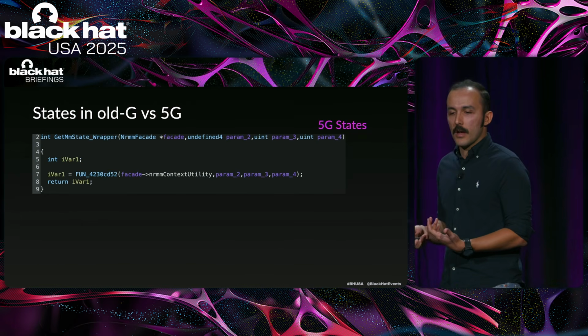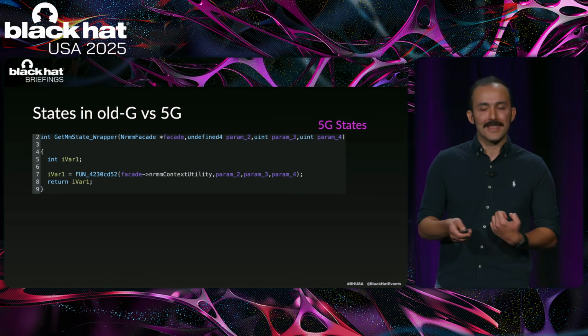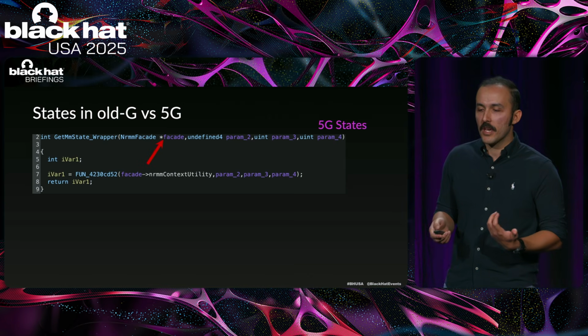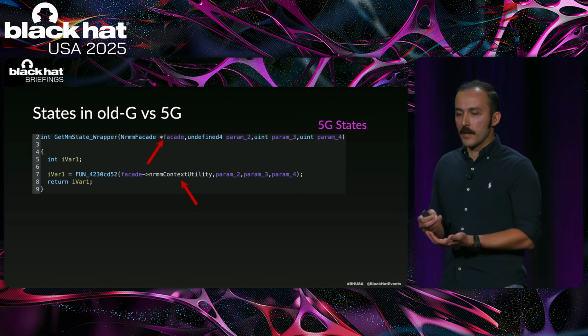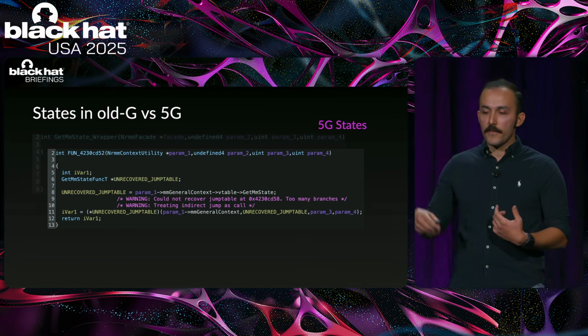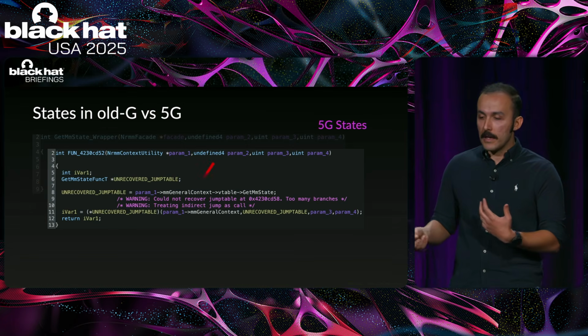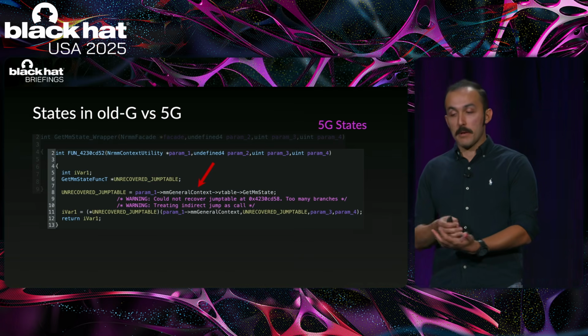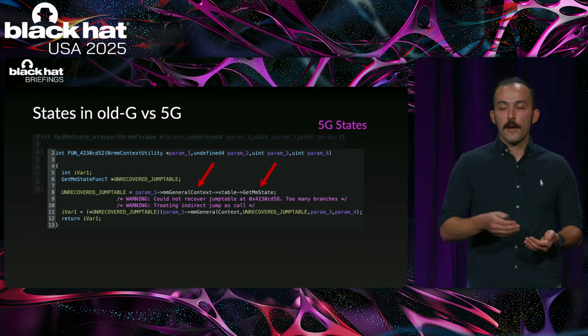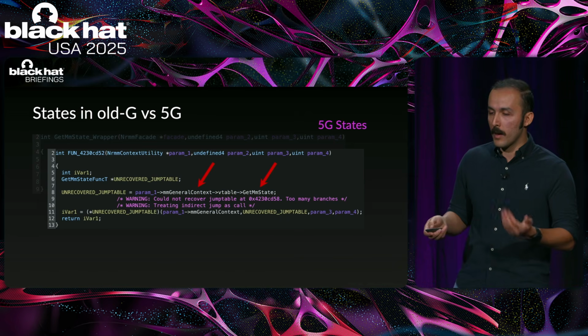In this screenshot from the getMMState function, this function receives a pointer to a facade object. From there, another object is retrieved, called the NRMM context utility, which is passed to another function. In that function, again, another object is retrieved, called the general context, and finally the getMMState method from its virtual table is called by pointer.